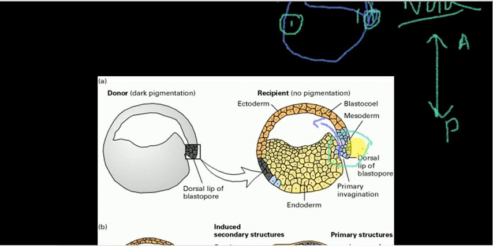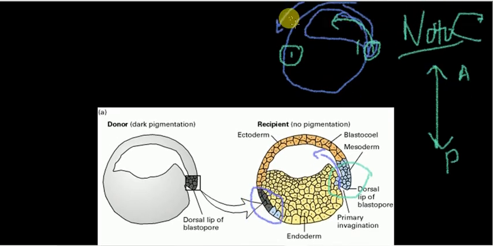Basically it is normally happening, and these are the surface ectoderm. As I have shown, these ectoderms will cover the entire embryo, and this surface ectoderm is fated to become the epidermis.